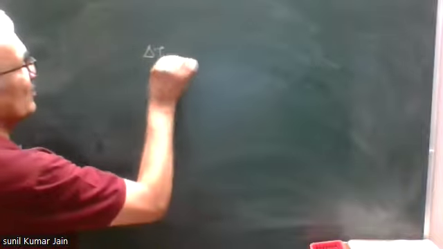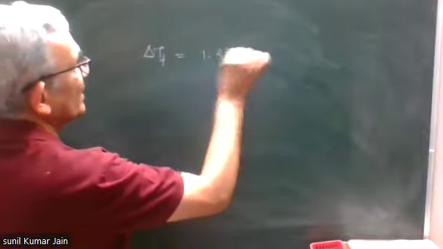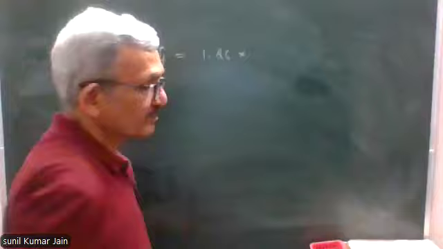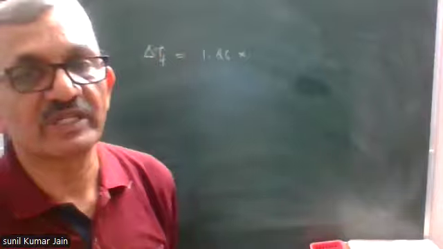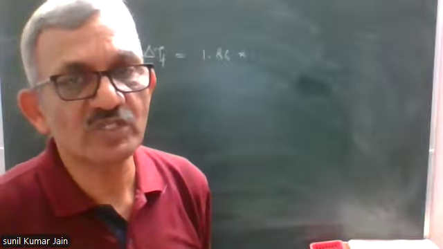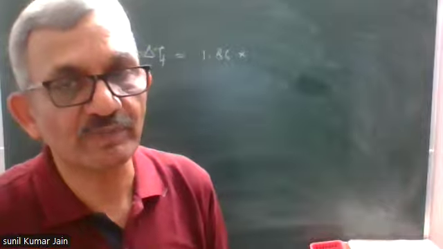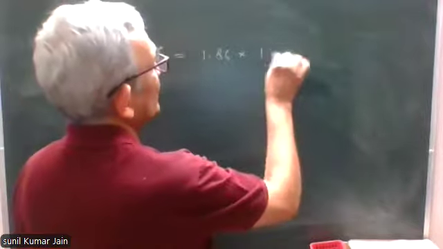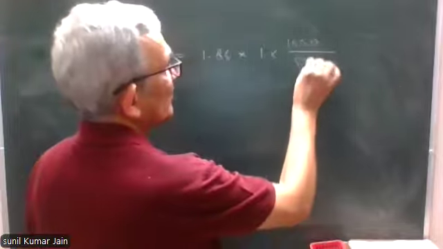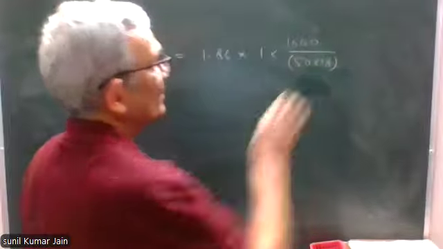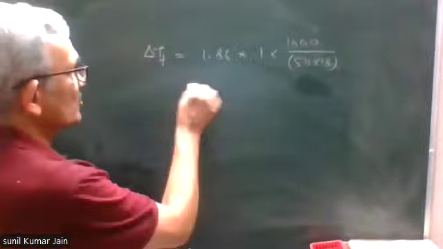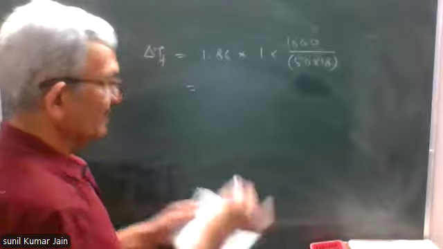So depression will be equal to Kf into molality. Molality will be: 1:50 molar ratio means 1 mole of glucose. If glucose is 1 mole, then water is 50 moles, right? 1 mole into 1000 divided by weight of solvent. Weight of solvent will be 50 moles, 50 moles of water will be 900 grams of water.